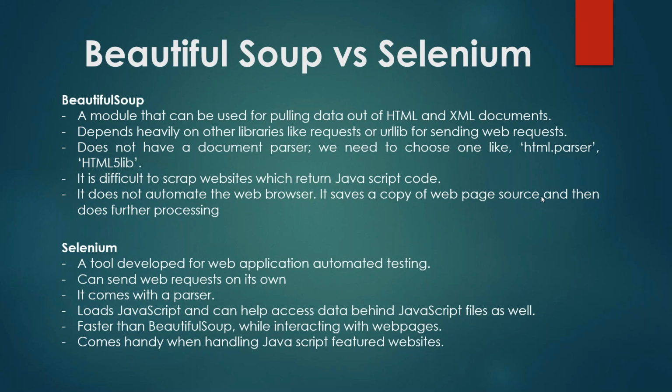We need to choose one, like an HTML5 parser. What do you mean by parser? Can anyone tell me what a parser is? That's what I'm asking. Don't ask me. Parser is cursor? No.